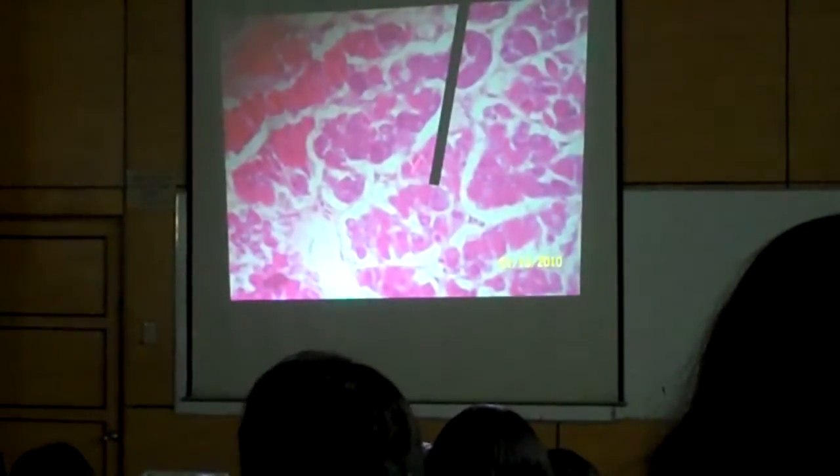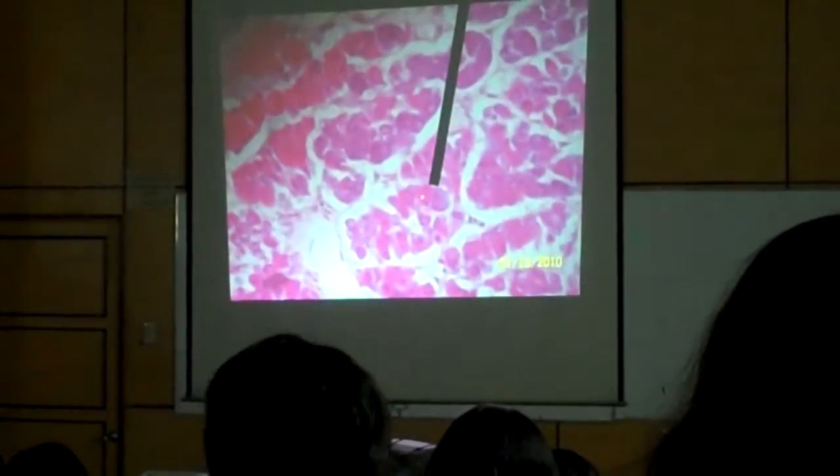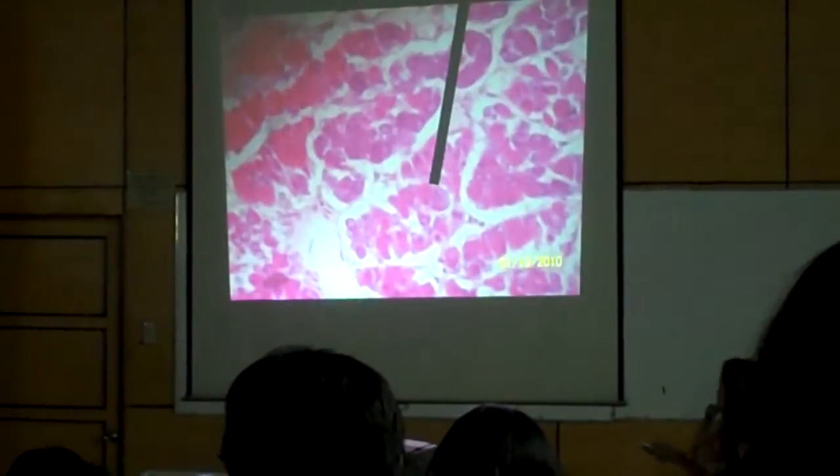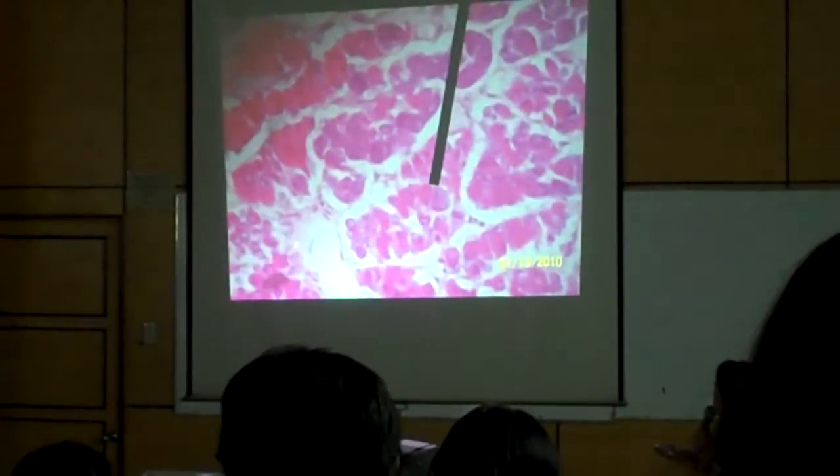Okay, so the pointer is in between an acidophil and a basophil. Okay, I think this is a chromophobe. Chromophobe.